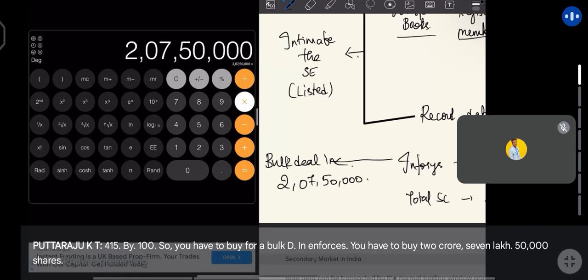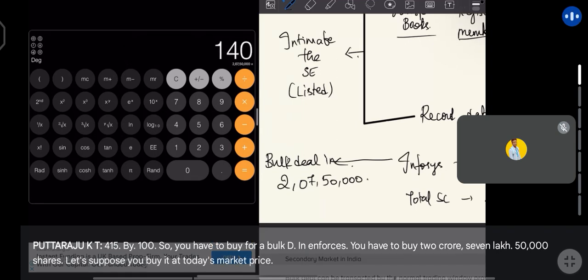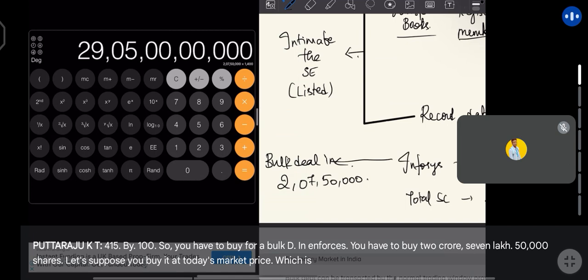Let's suppose you buy it at today's market price, which is 1400. So the value of your purchase is 2,905 crore rupees.